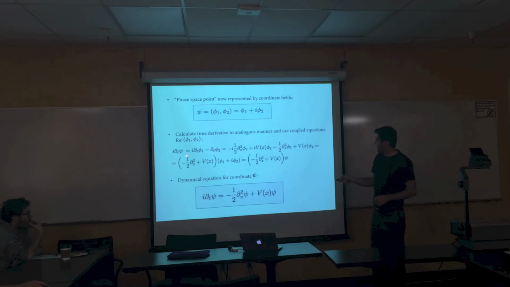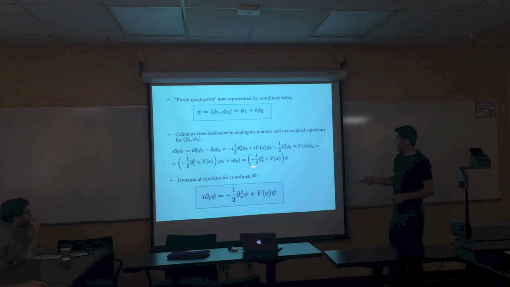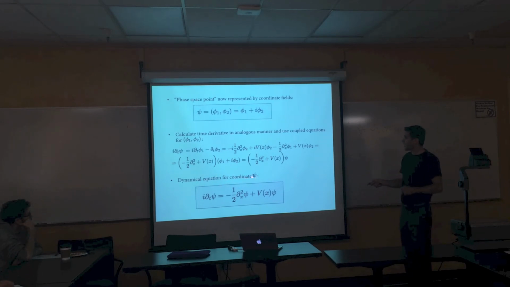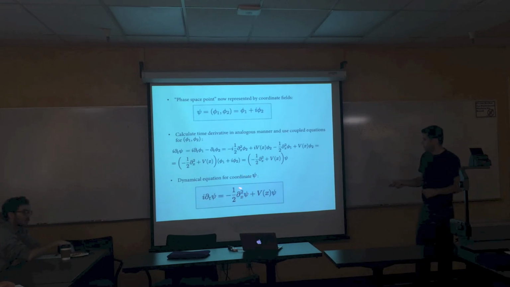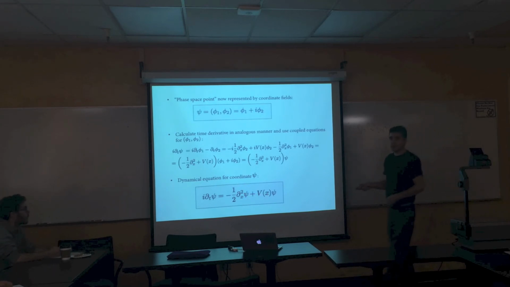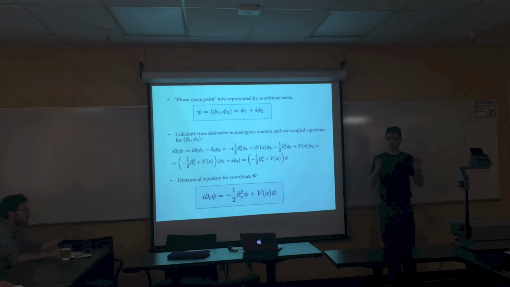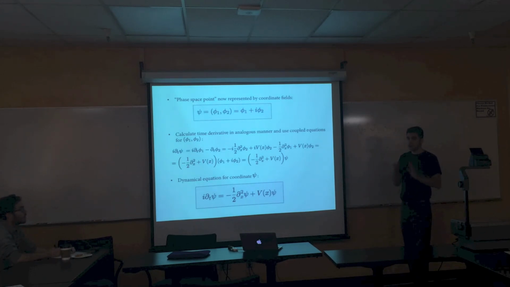This operator can be factored out, multiplying again the same complex quantity psi, phi 1 plus i phi 2. And what we get is this equation, a dynamical equation for the complex coordinate psi: d psi dt equals negative Laplacian of psi plus v of psi, which means we have taken infinite dimensional classical mechanics, classical field theory, and mathematically reproduced an equation which looks like the Schrodinger equation of quantum mechanics.